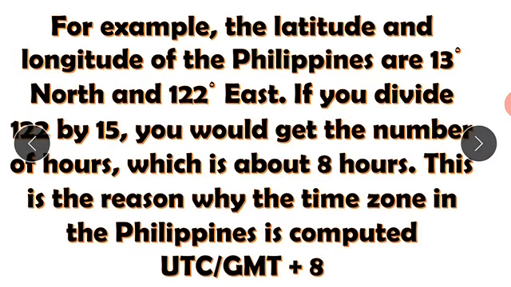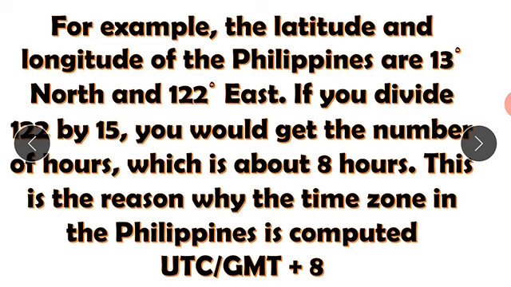So we have an example here. The latitude and longitude of the Philippines are 13 degrees north and 122 east. If you divide 122 by 15, you would get the number of hours, which is about 8 hours.